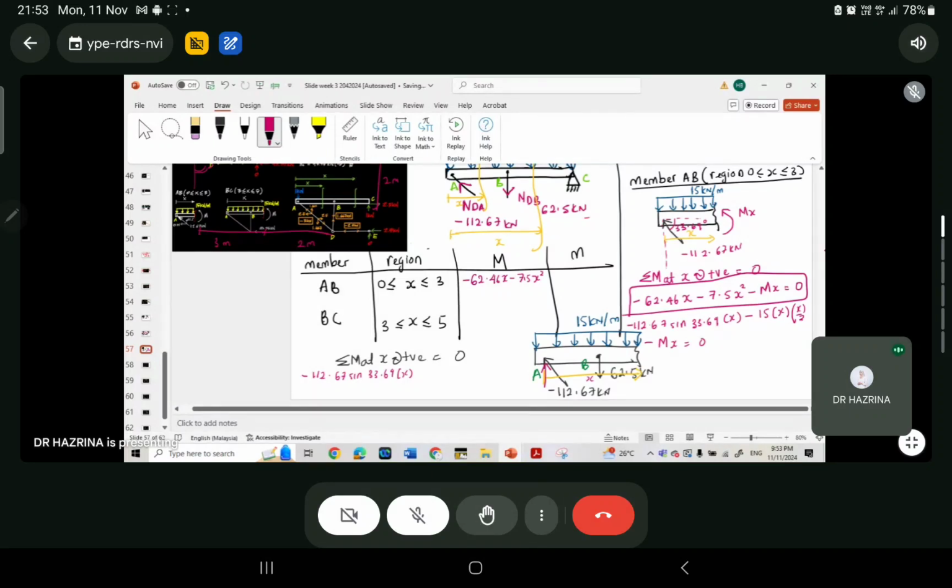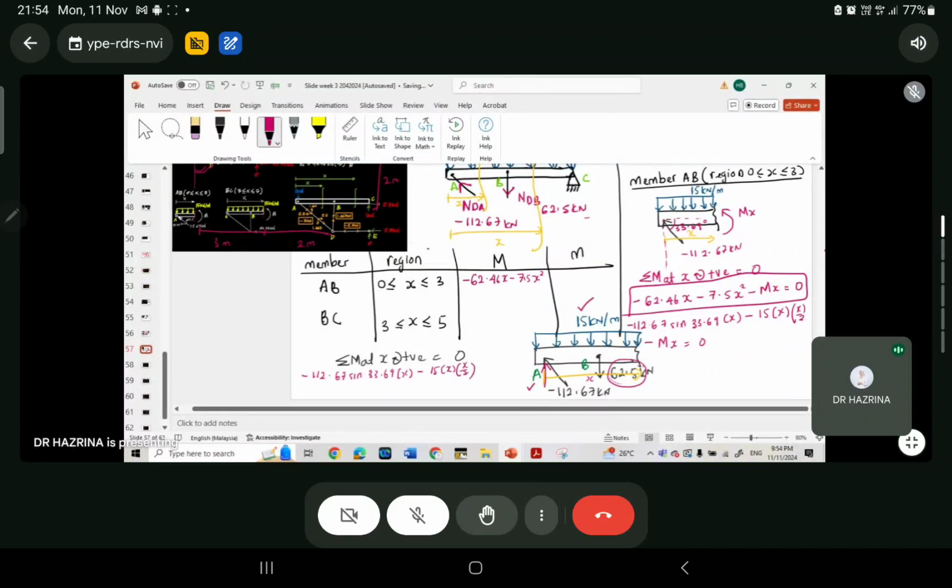You have 15 kilonewton. So minus, you have 15 times X over 2. What else do you have? You have 62, isn't it? So ini dah kira, 15 dah kira, sekarang kena ambil 62.5. So you lawan jam.